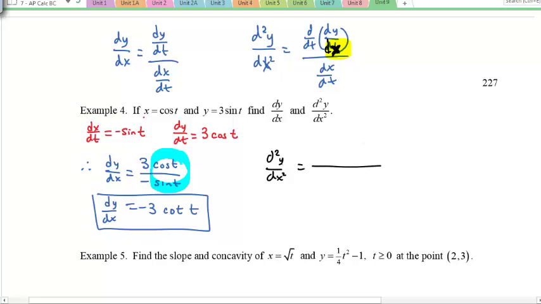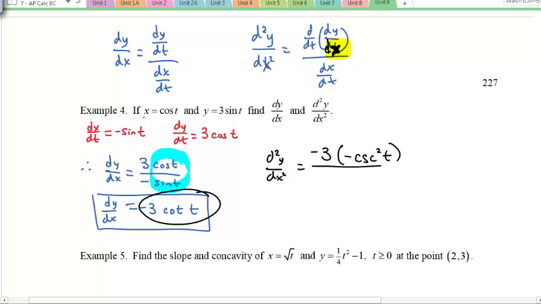So, back to here. d squared y over dx squared is d/dt of dy/dx. So I need the derivative with respect to t of the derivative. So I should be looking here. Negative 3 is a constant. Now what's the derivative of cotangent? I hope you remember this is negative cosecant squared.